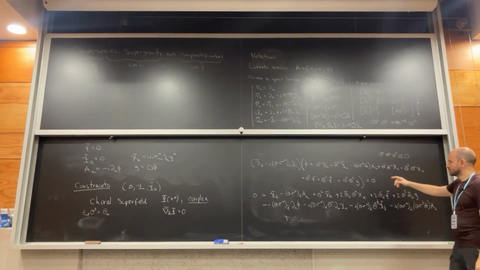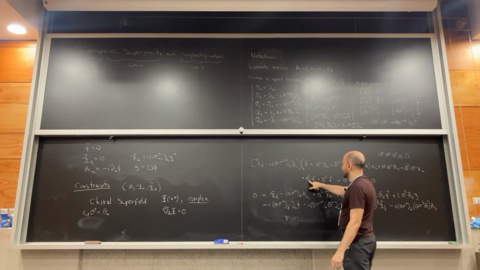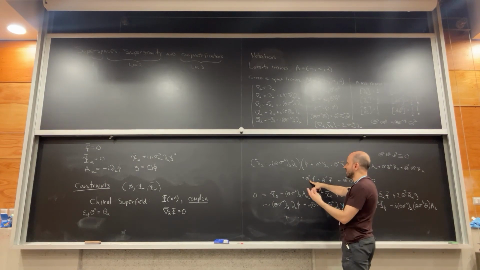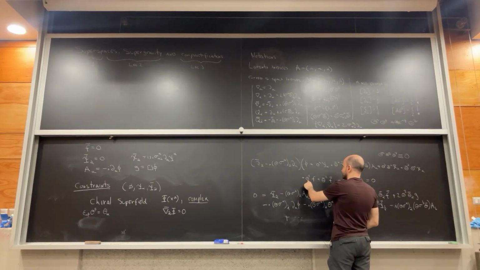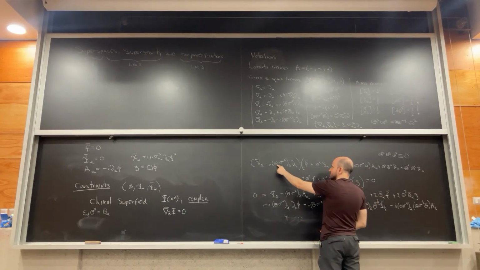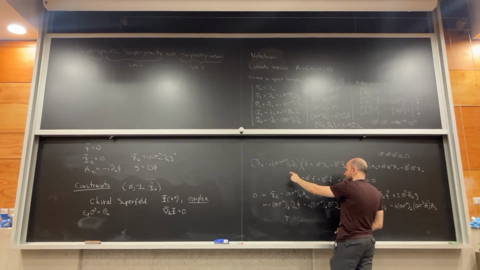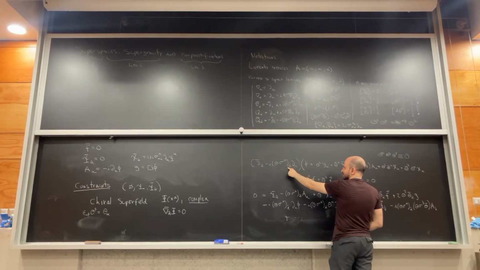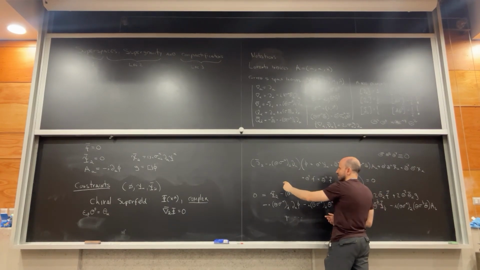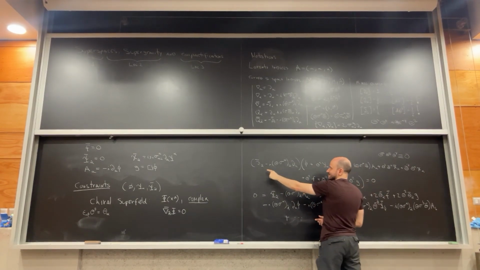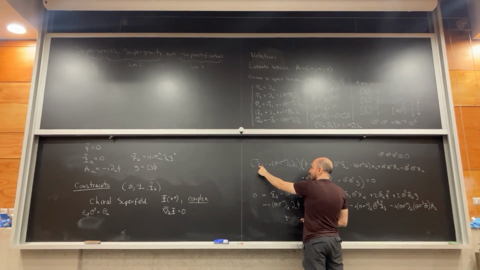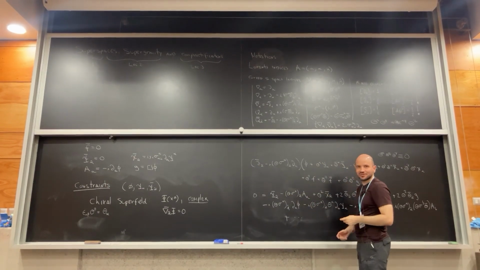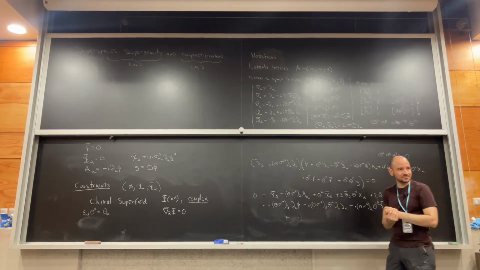Also, this F over here doesn't appear anywhere, because there are 2 thetas here, there is 1 theta here, so theta cubed is 0, so this term acting here gives nothing, and there are only 2 thetas here. The derivative of theta bar acting here is also 0, so this F is free.